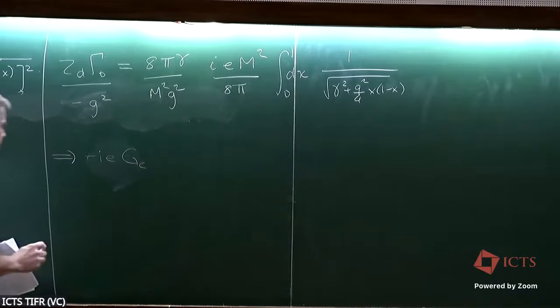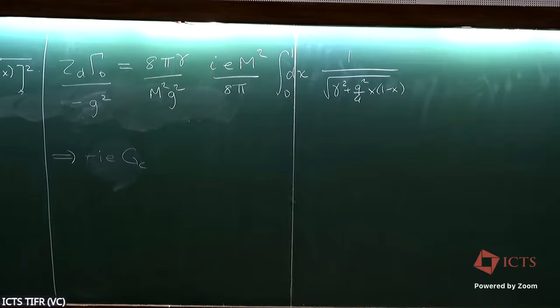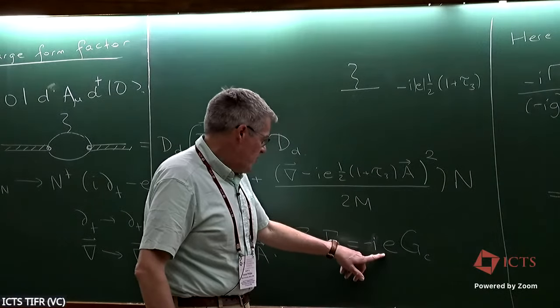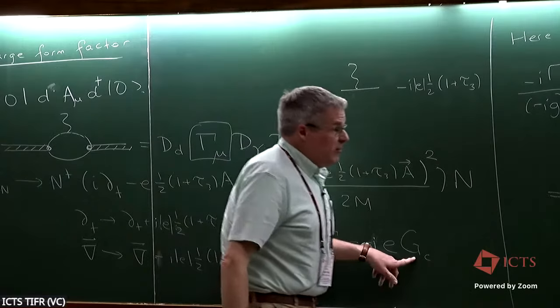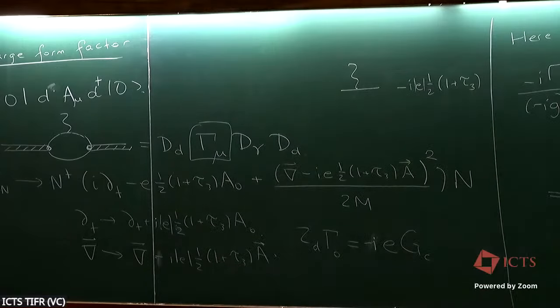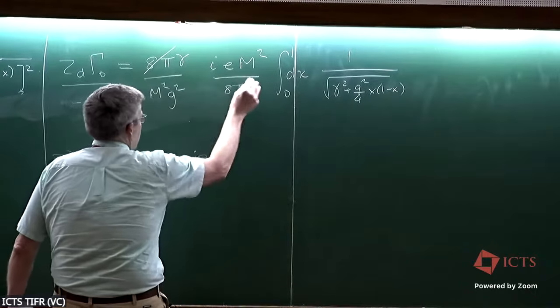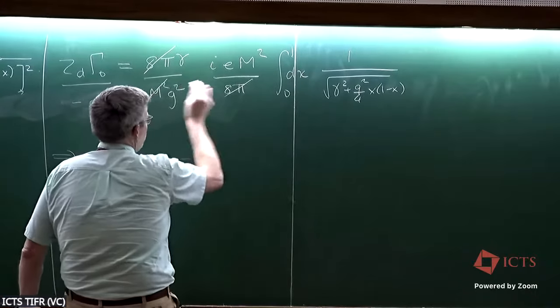So if GC is going to be the modification of the vertex due to structure, then we say that this properly renormalized structure object for the composite particle is the bare vertex minus IE for a particle of charge 1 times the modification GC. So minus IEGC is then equal to minus IE, the 8 pi's cancel, the g squareds cancel, the m squareds cancel.